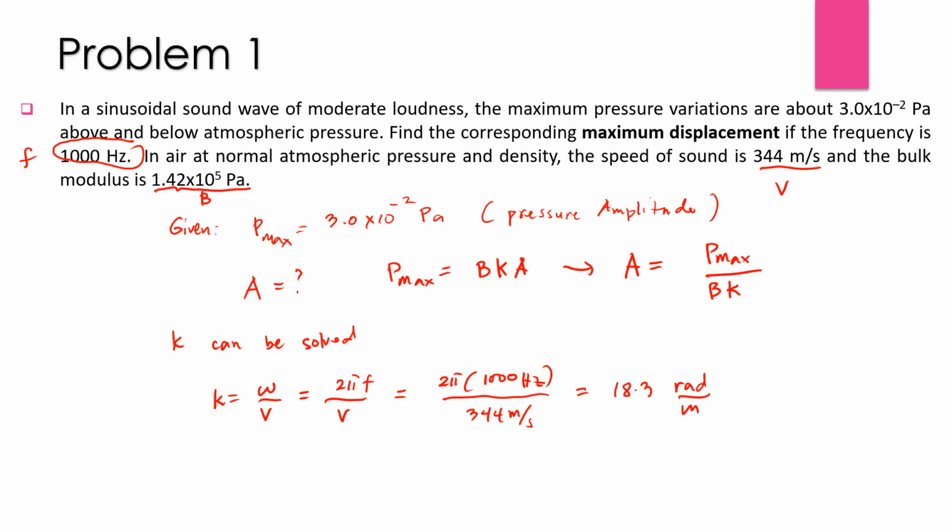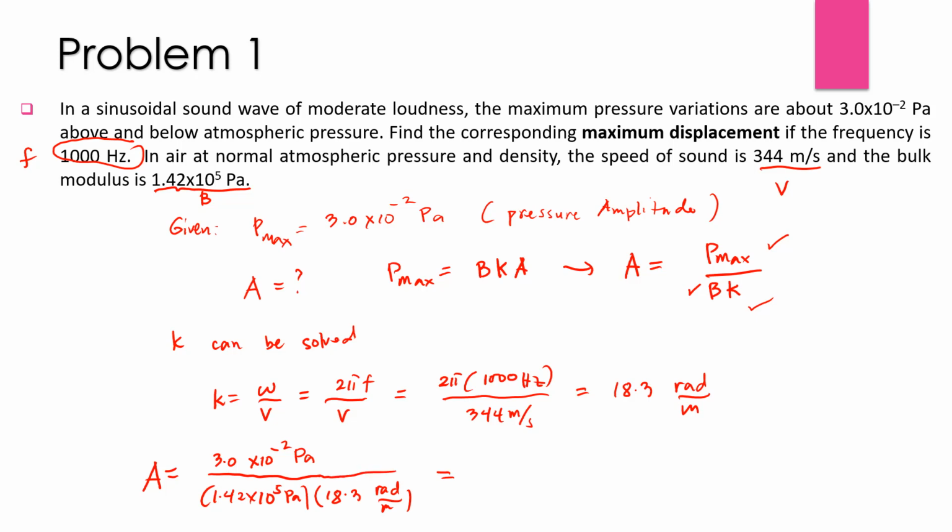So we now know the wave number k, we also know Pmax, and the bulk modulus is also given. k is 18.3, so now we can solve for the amplitude. Amplitude is equal to Pmax, 3.0 times 10 to the minus 2 pascals, over the bulk modulus, 1.42 times 10 to the 5 pascals, times 18.3 rad per meter.